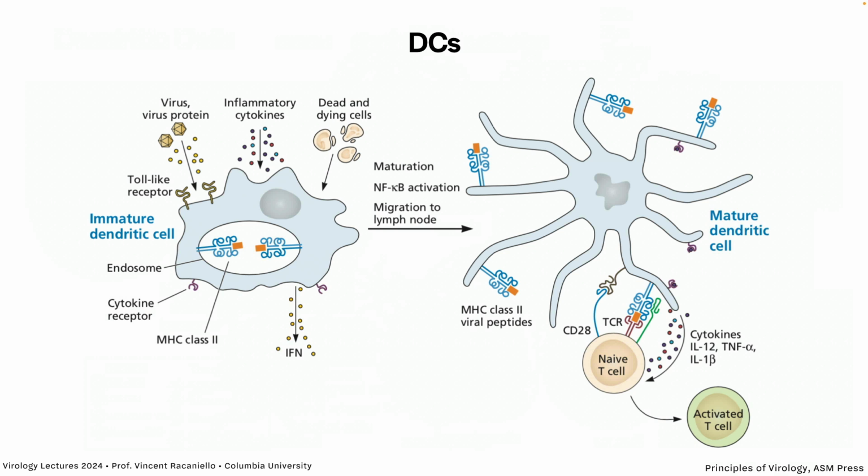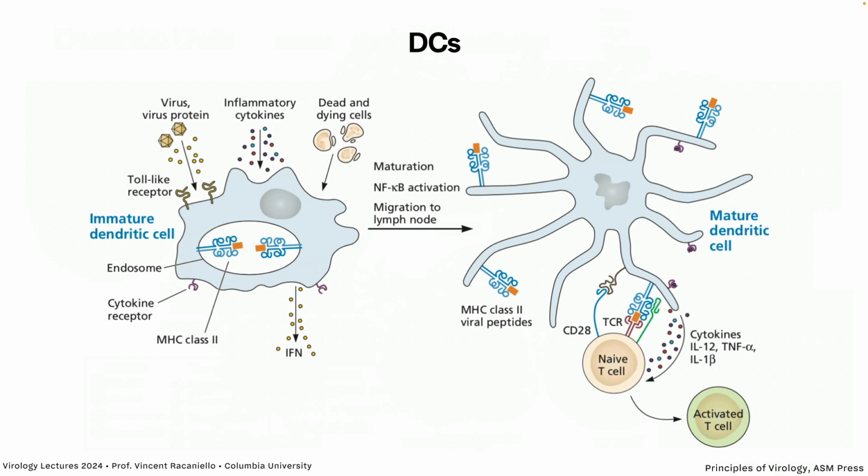They can make interferon. And so when viruses or virus proteins are taken up by the dendritic cell, they can be sensed, and the dendritic cell can make interferons, which will be important later, but those interferons can also assist at clearing the infection from the area where the dendritic cell has gone.